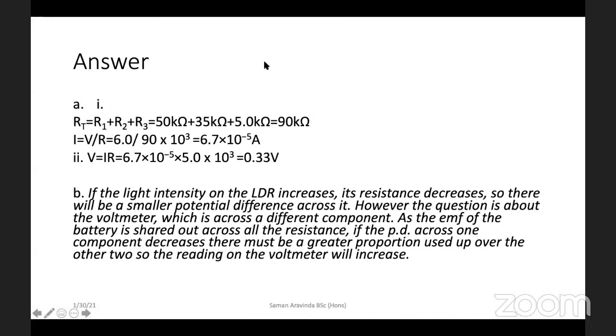So the reading on the voltmeter will increase.